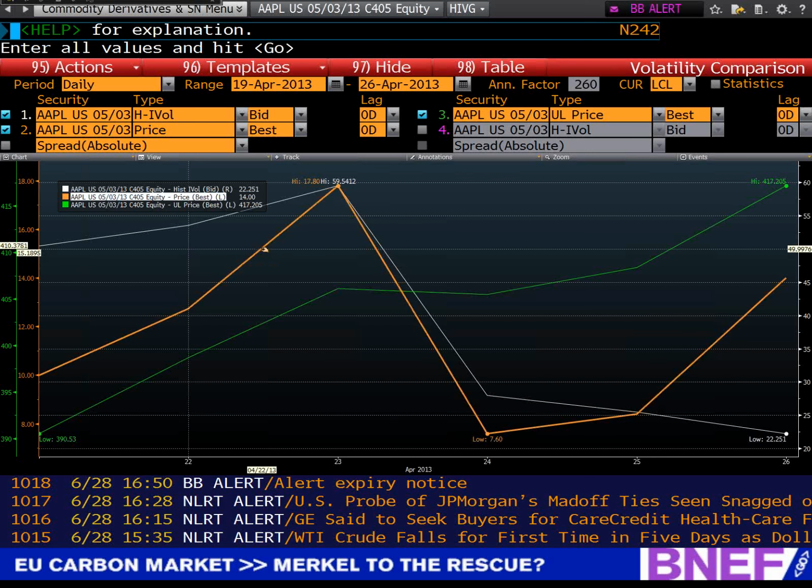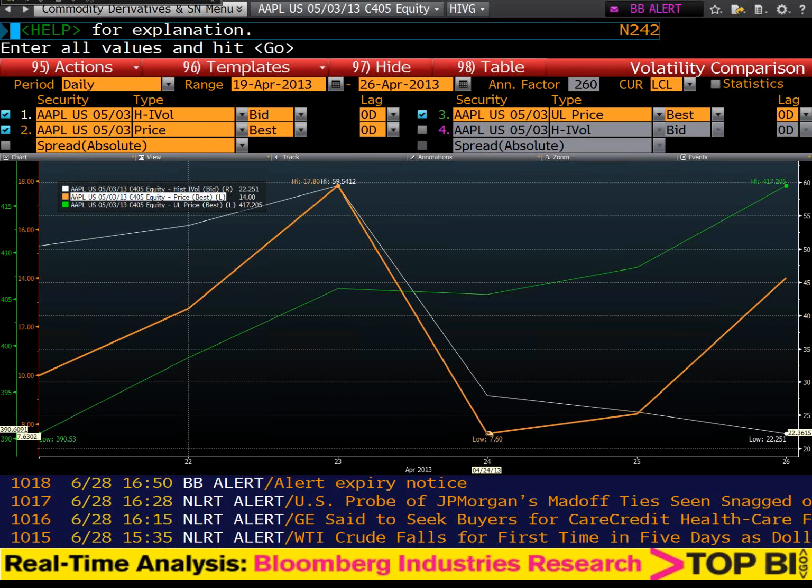All right, so the orange line, you can see that the options went off on the 23rd evening at $17.80. And the next day, despite absolutely no change in the price of the stock, the underlying price is the green, and your options were now worth $7.60.